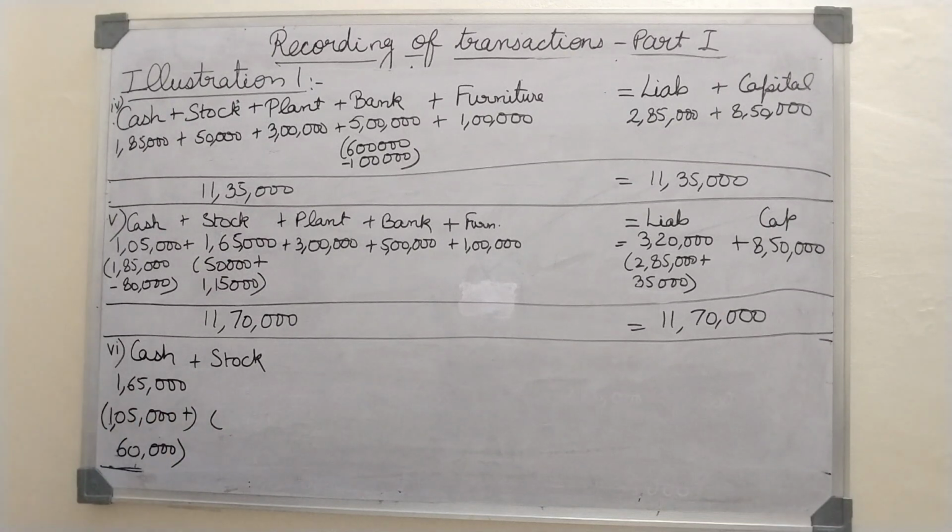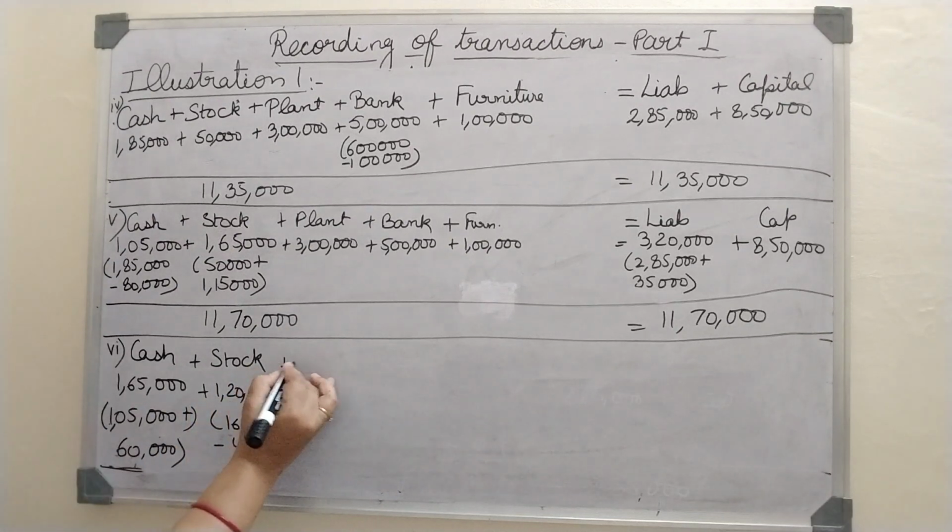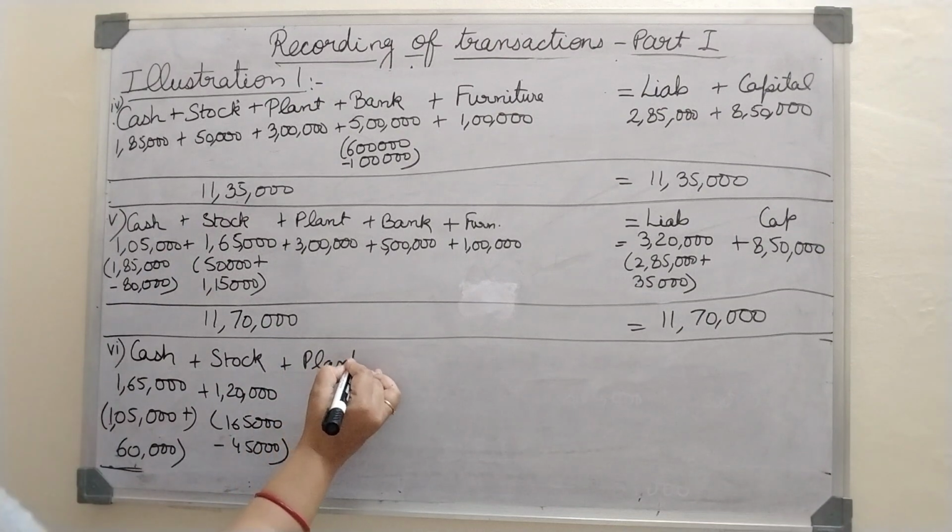Stock was 1,65,000, and we have sold goods, so 45,000 of it has gone. So how much is left with us? 1,20,000 when you subtract it. Okay, these two things are changed. Other things will remain the same.